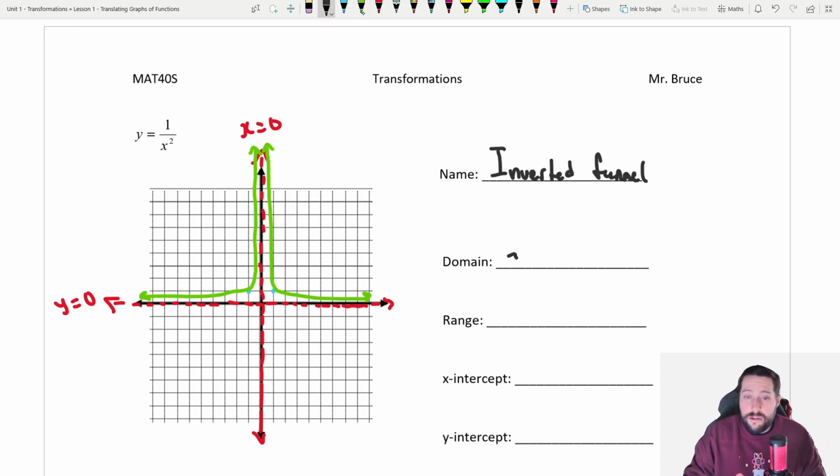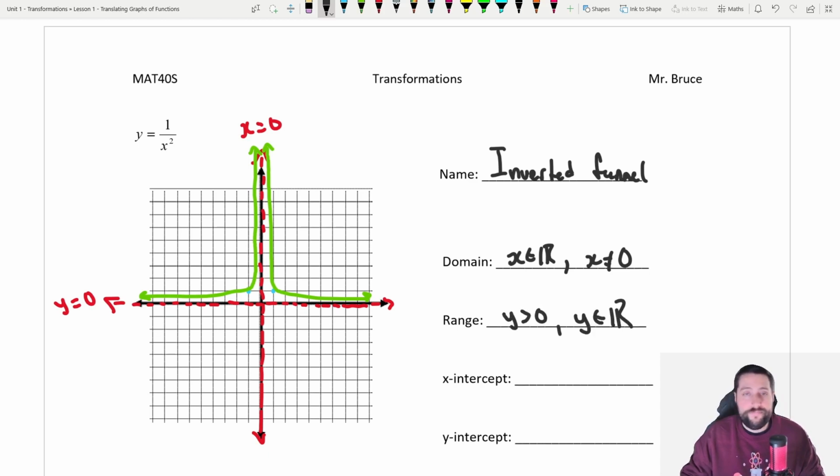The domain is going to be everything for your x values, provided that x cannot be 0. It's the same thing as your reciprocal graph. The range has to be greater than 0, provided that y is an element of all real numbers. So the range has to be everything bigger than 0, which means it's basically 0 to infinity, not including 0 or infinity.